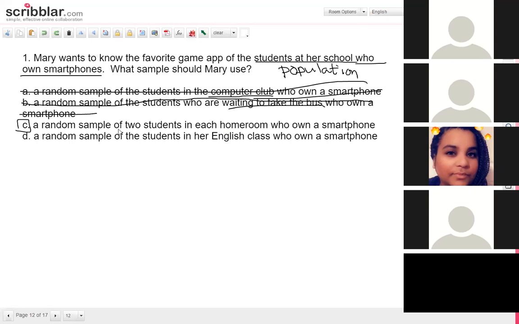So it gets the entire population, it's still random, and it's not voluntary. And then the last one, just to show why it's not the best fit, a random sample of the students in her English class. Again, that doesn't fit the entire population.